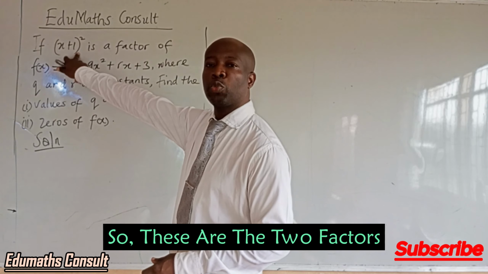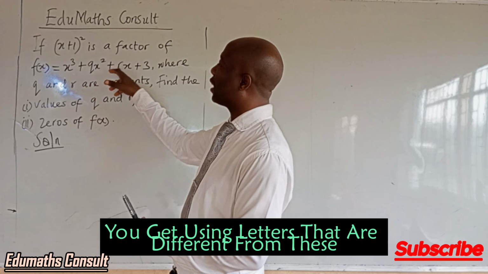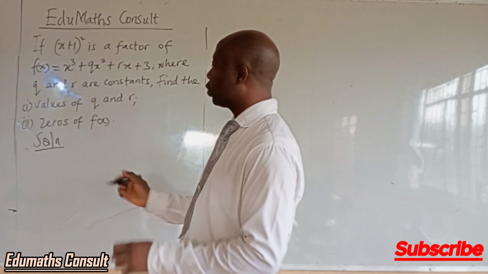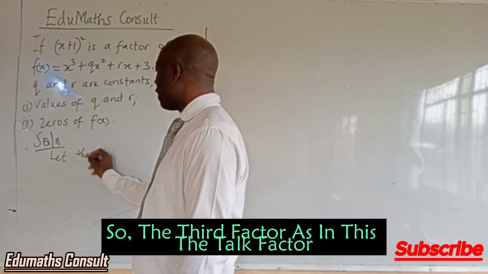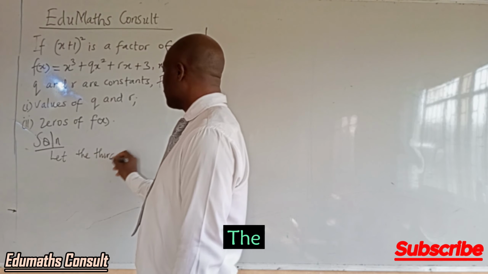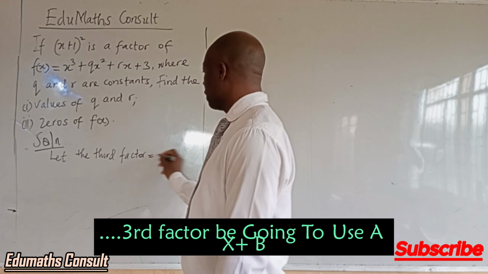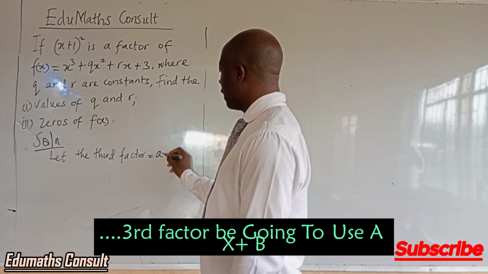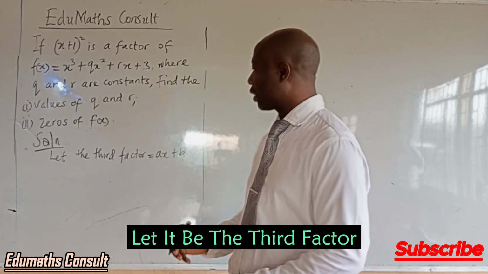So these are the 2 factors. Then the third factor we guess using different letters. Let the third factor be ax + b.